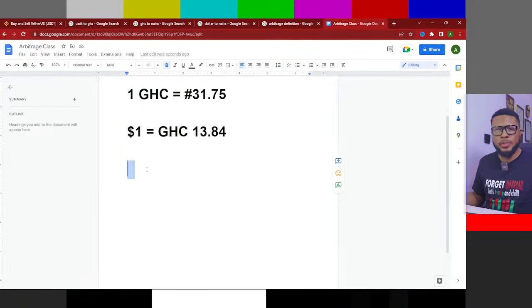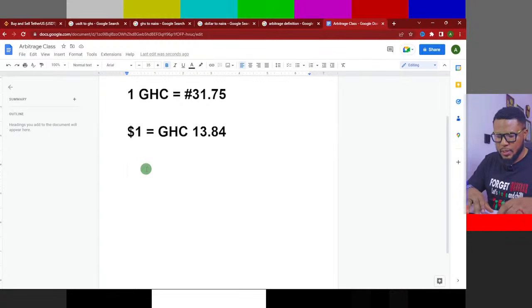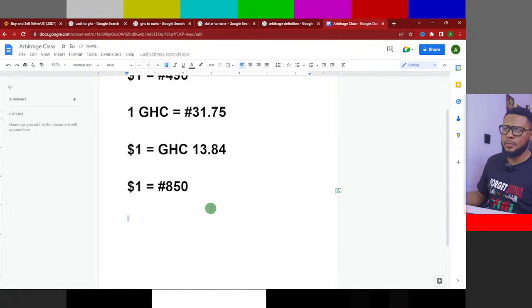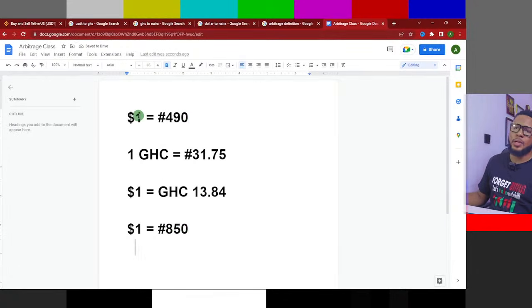Okay, now let's put the black market rate. So black market rate for Nigeria, $1 equals to, as of today, 8.90. Okay, that's to buy, but let's say to sell is 8.50. Let's just leave it at 8.50. So 8.50 naira. So now we have 4 figures. $1 is equal to 490, right?